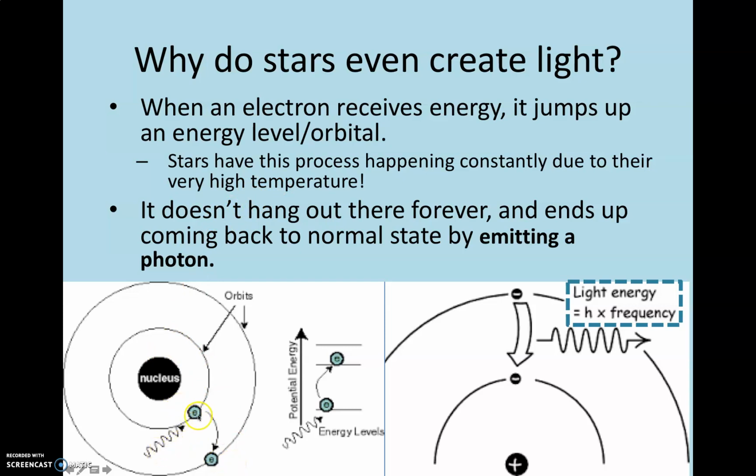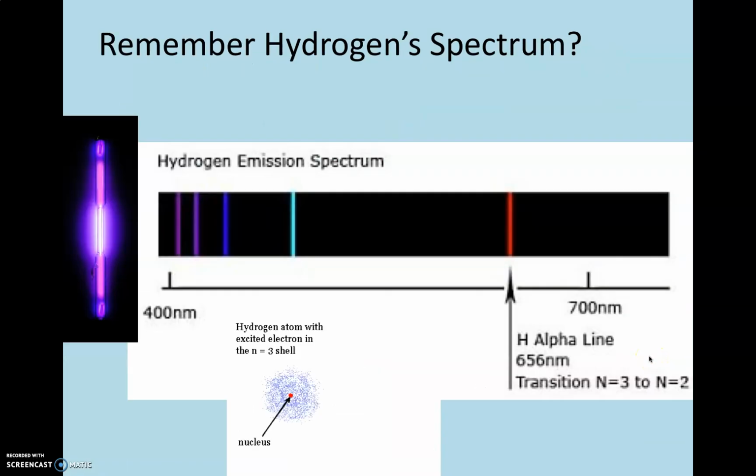So something with high energy, like a photon of light from that nuclear fusion, hits the atom, hits the electron, causes it to go up an energy level. It is an excited electron now. And then at some point, the electron falls back down and it emits that same frequency of light.